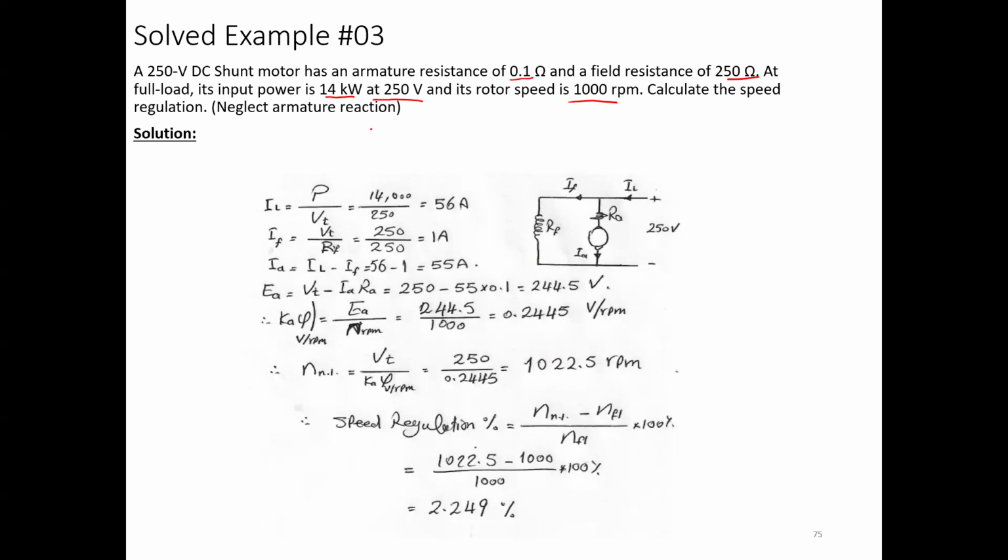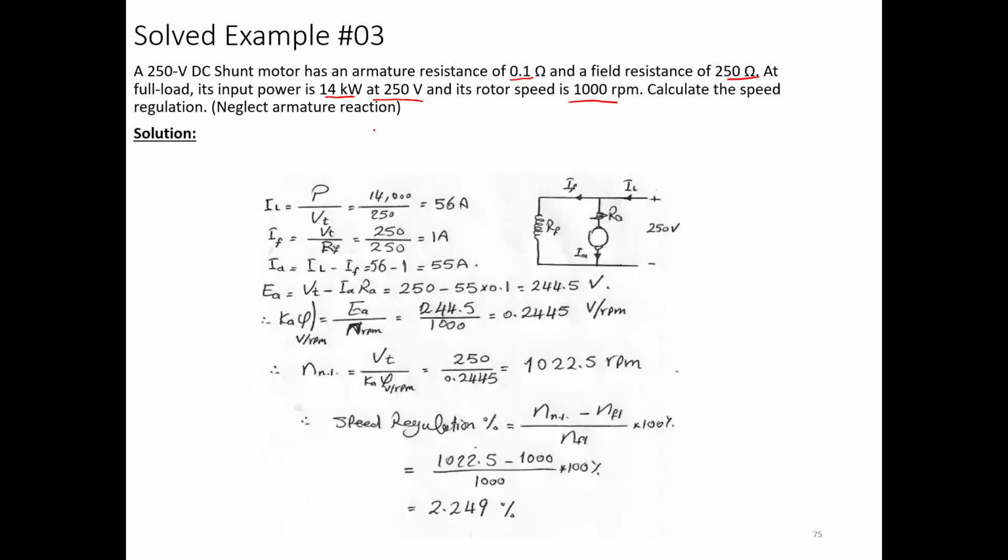Actually, if you compare this to the first example we solved, it's going to be very close, just the numbers are a bit different. So what are the different things we didn't consider in the first example?